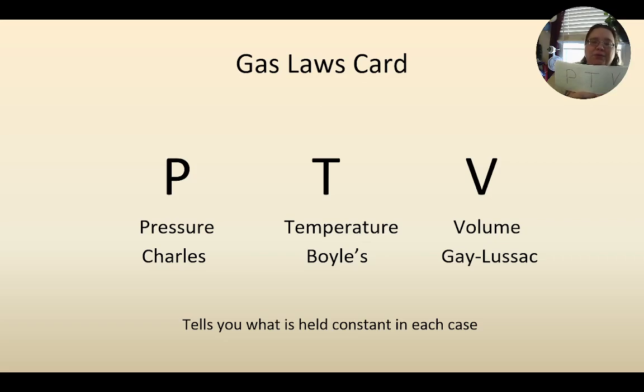So, for example, Boyle's law holds temperature constant. So I'm going to hold my T. Notice that if I pull P down, notice what happens to the V. I'm holding my temperature. I pull P down. I can see that the volume is going up.